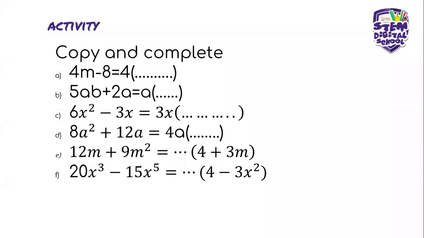So 5 is one of the factors that are common, but because this is an algebraic expression, you also have to look at the other variables. So the variables in this case will be x cubed and then x to the power of 5.